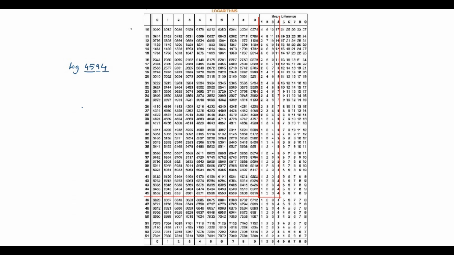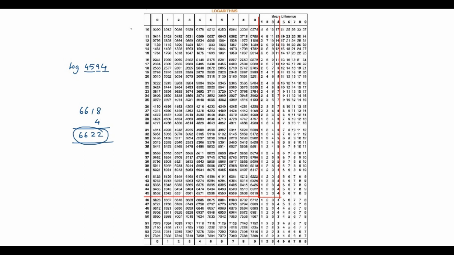So in the 45th row, 9th column I get the value 6618, and I get 4 in the 4th column of mean difference. Now we have to add these two, so we get 6622. This is the value we get for 4594 in the logarithm table.